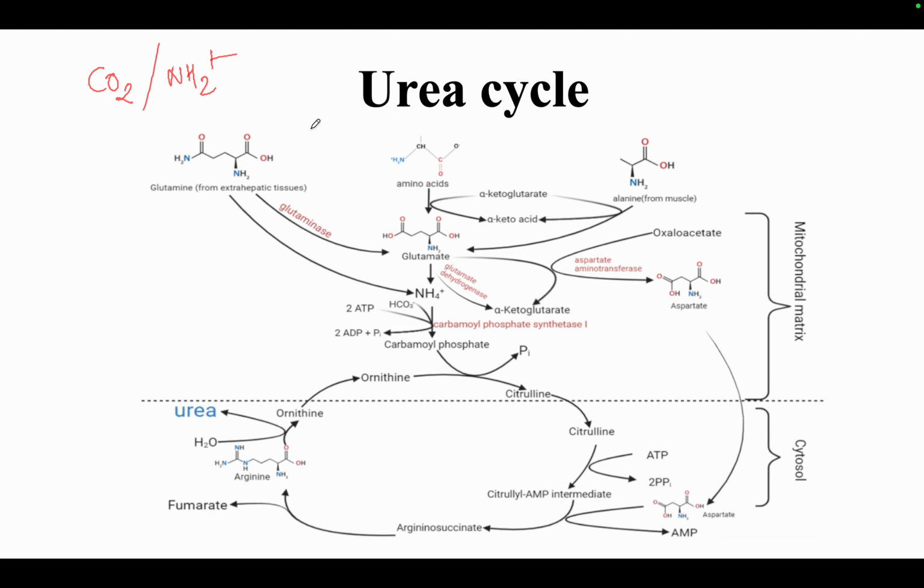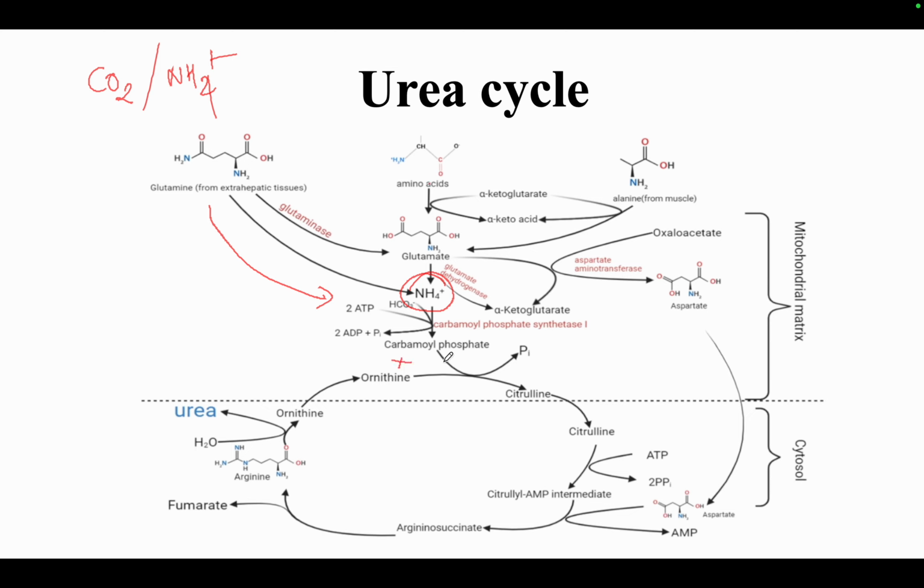As you can see, we have amino acid, and then we have ammonia, NH4 plus, generated here through amino acid metabolism, and we have the glutaminase enzyme which removes ammonia. We also have CO2 getting generated from the Krebs cycle, from mitochondria.